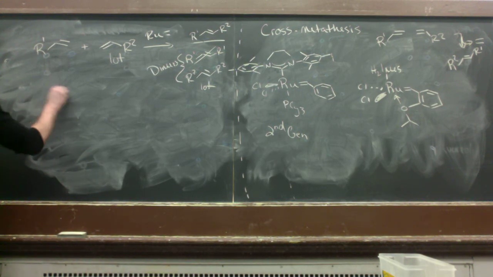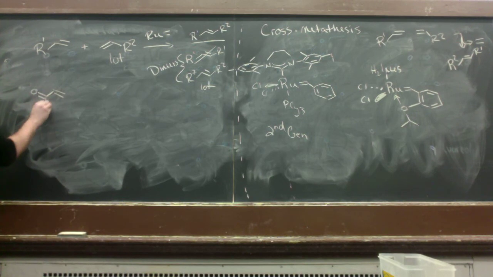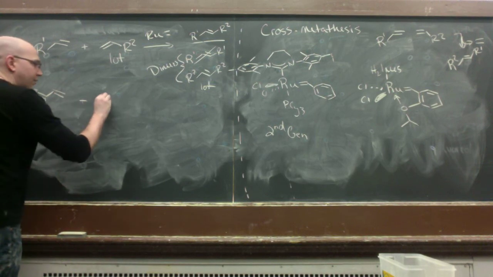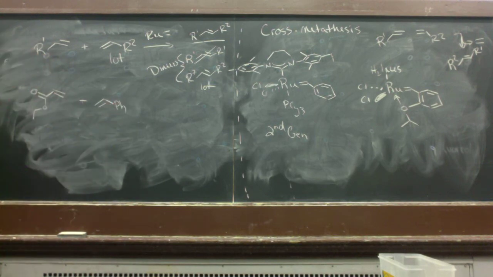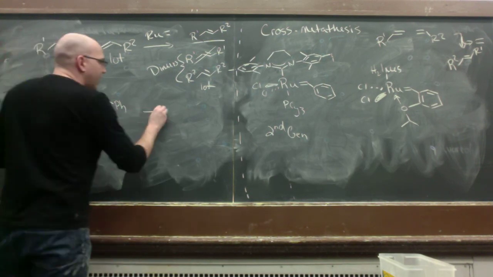So chemistry that works really well with these molecules is, say, if you take ethyl acrylate, right, which is electronically poor, as you might imagine, because of the carbonyl there, and you treat that with, say, styrene, which is more of an electronically rich alkene, or even an aliphatic alkene. What I mean by that is just an alkyl chain here. These would be sort of matched in a way, right? And so you have an electronically poor one. And in these cases, the reaction works really, really well.